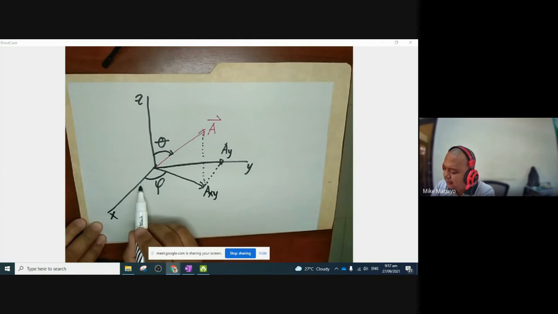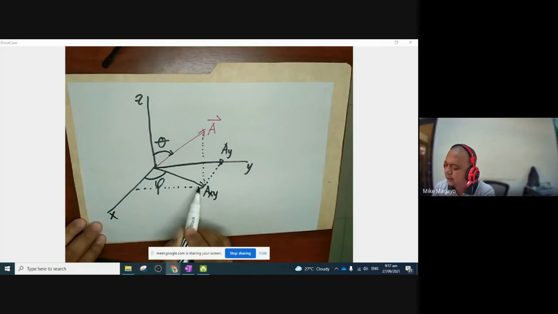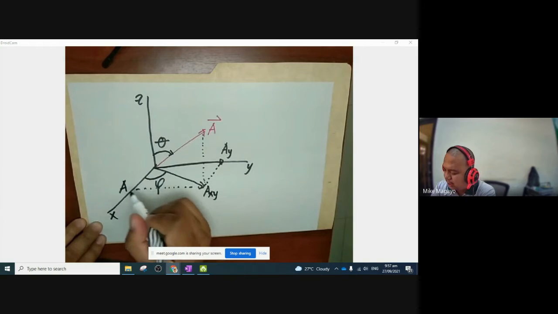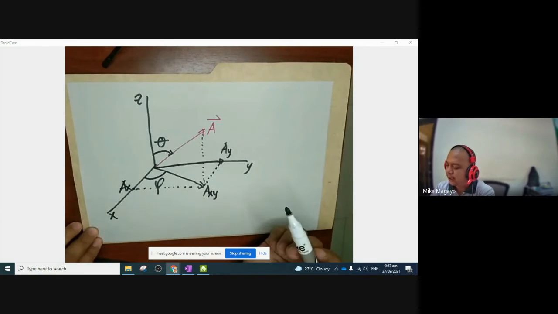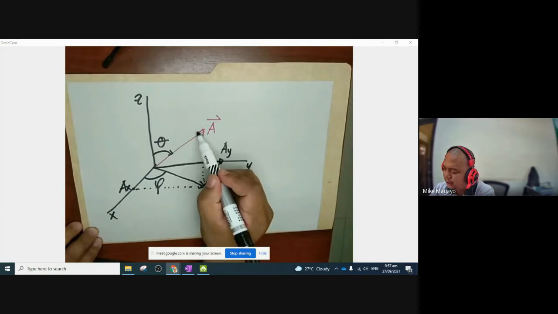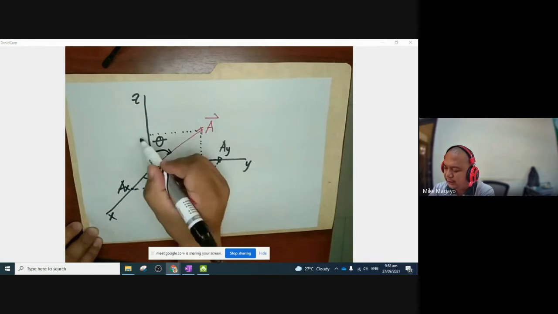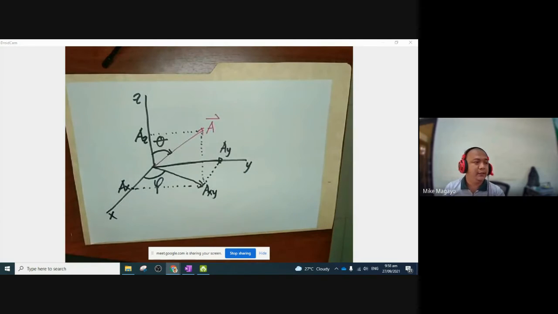Then we have a propagation along the x-axis, which we call a x, and also a propagation along the z-axis, which we call a sub z.